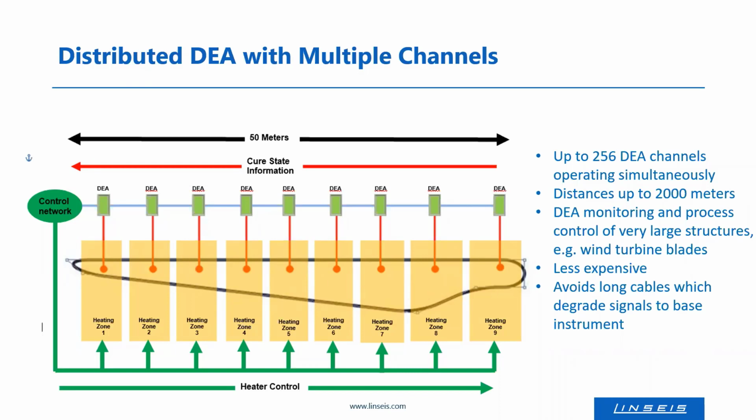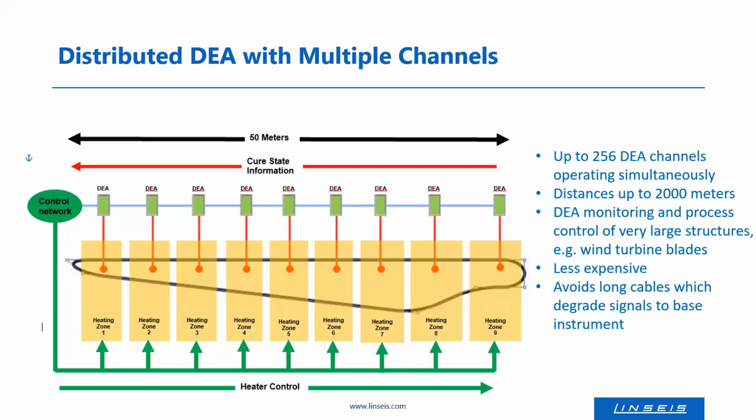And these blades are manufactured in a mold. It's important to monitor the curing process to the final stage, and it's important that at every point on this blade, you have a complete cure. In the past, it was necessary to wait a couple of days until the reaction was finished, and then the blade was replaced with another one.